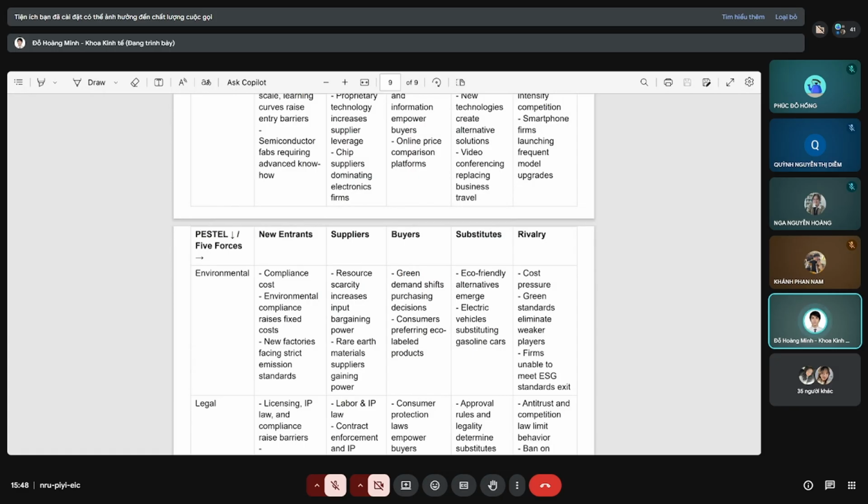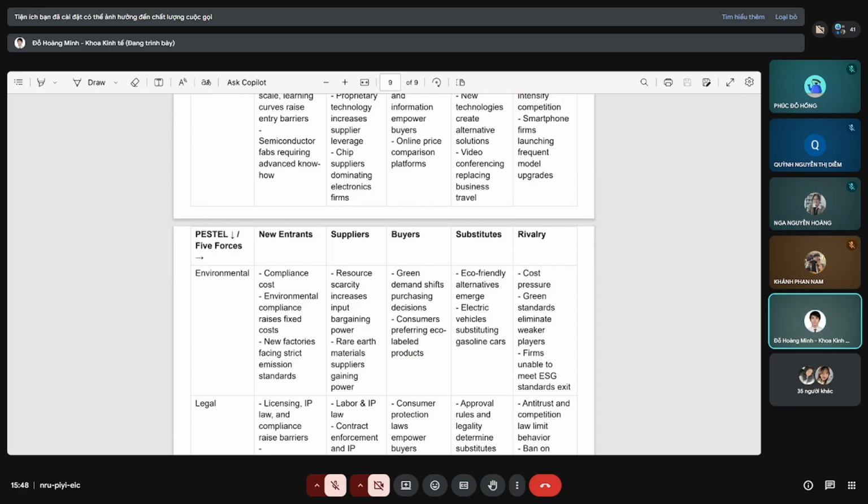Some firms are able to produce with green standards, and they can commit to avoiding every environmental or social issue during the production process. So the firm that fails to do that will be eliminated from the industry.